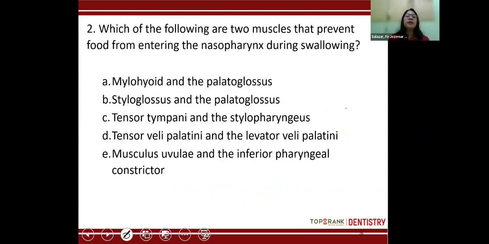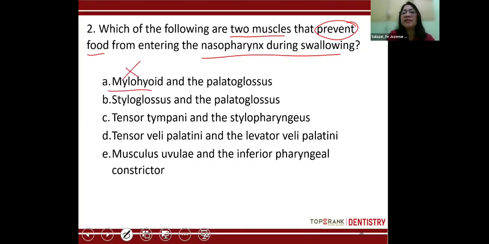Now, number 2. Which of the following are 2 muscles that prevent food from entering the nasopharynx during swallowing? So you know that muscles of the soft palate act to close off the nasopharynx during swallowing. So tingnan natin, ano ba dito ang muscle of the soft palate? Mylohyoid?